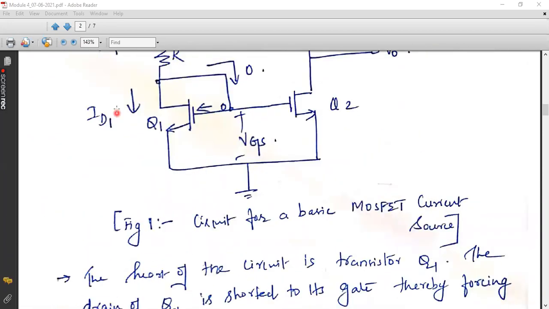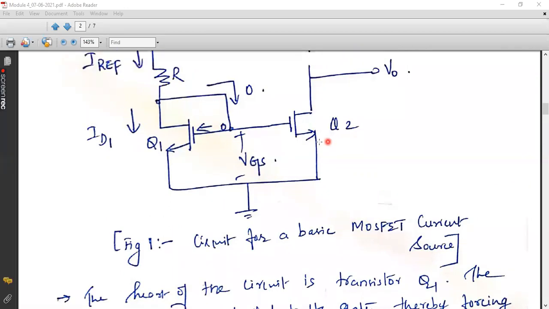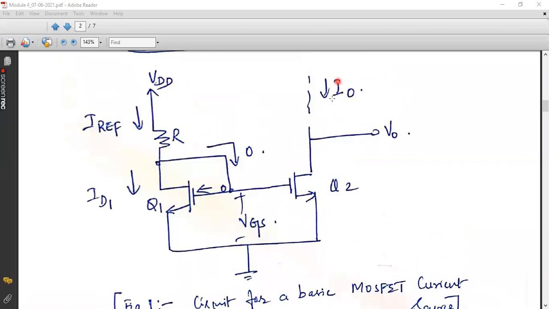So as of now, I have analyzed Q1. Now coming to Q2. What is the purpose of Q2, students? We need to generate a proper current I0 from IREF. So we need to connect Q2 in such a way that the gate and source terminals are short circuited.